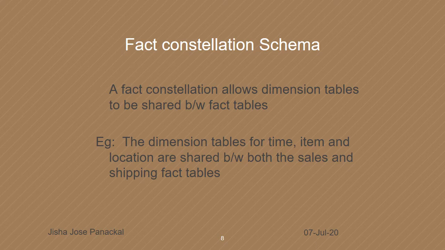For example, the dimension tables for time, item and location can be shared between both sales and shipping fact tables. We have more than one fact table, and these fact tables can use the same dimension tables.